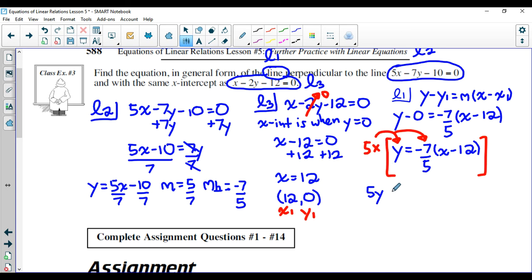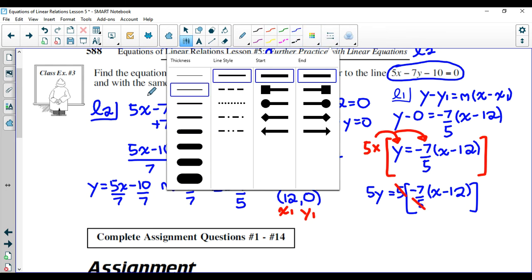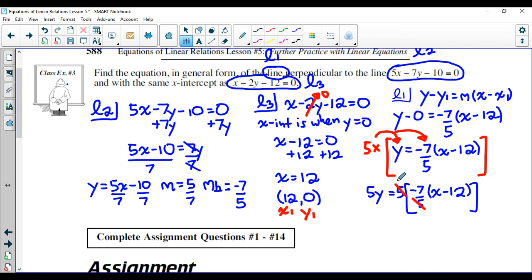So 5 times y would just be 5y. Again, that's not an x there, that's a multiplication sign. And this would be equal to 5 times negative 7 over 5, x minus 12. If you do this correctly, things should nicely cancel off. The 5 on the top and the 5 on the bottom would just cancel, so they are now gone.